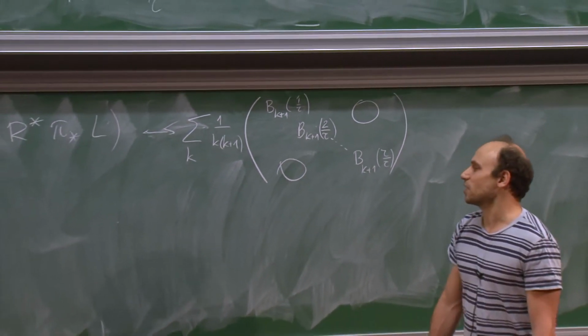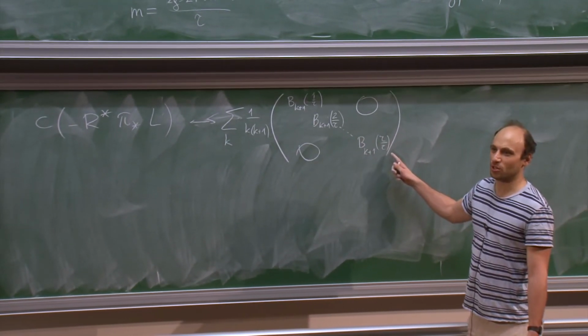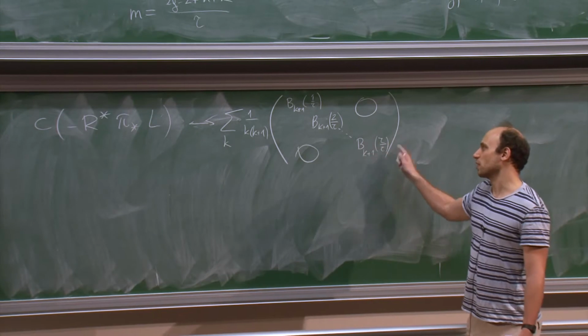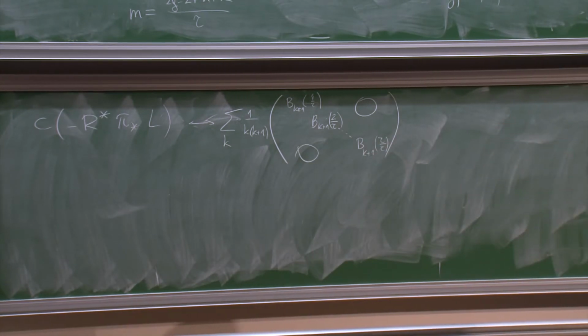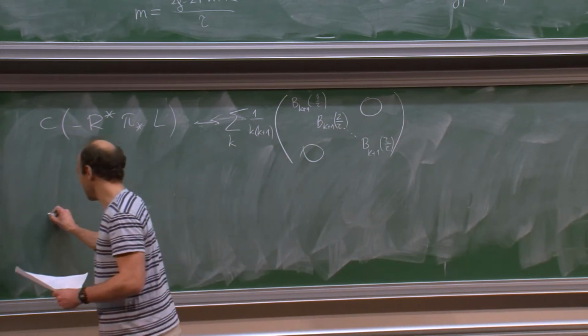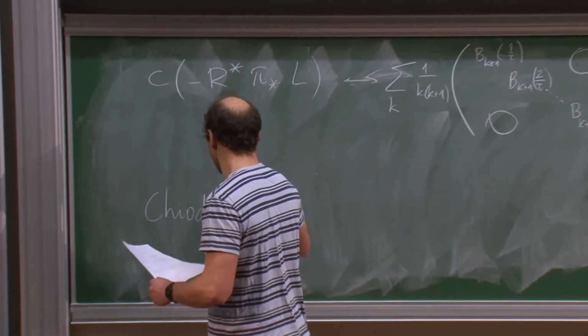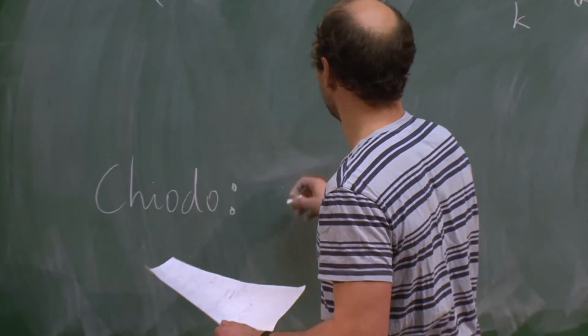So once again, you see that if you take r equals 1, you just get this term, which is exactly the Bernoulli number, the value of the Bernoulli polynomial at the point 1. And this is translated by a formula by Alessandro Chiodo for the Chern character of this.